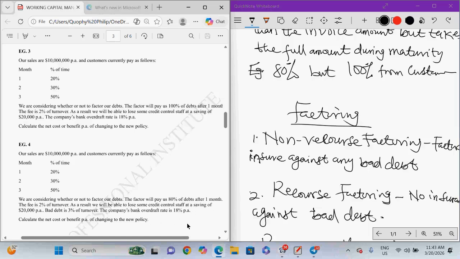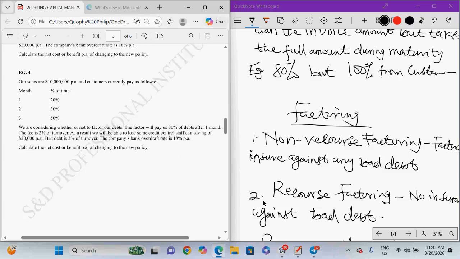So we assume the remaining will be paid over the last month. That is the assumption, right? So we would have to multiply 3 times the remaining 20%. Then when we come to the benefits, we would introduce the bad debt because the bad debt has been saved as a result of hiring a factor.